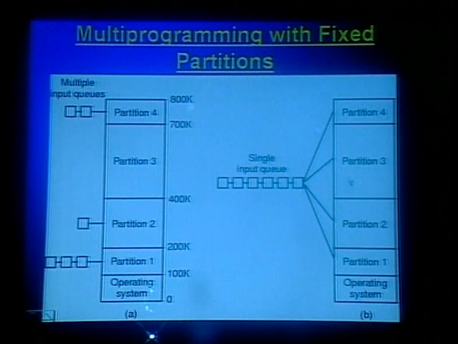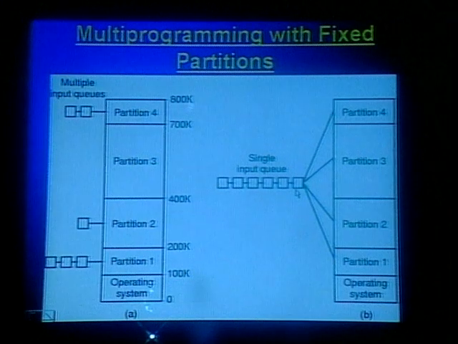It means that partition 3, which is 300K, is underutilized by 100K. This is again not an efficient way of memory partitioning or memory utilization, and the queuing algorithm is not very efficient. So what do we do with this?